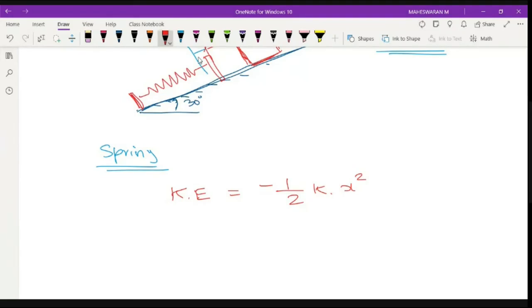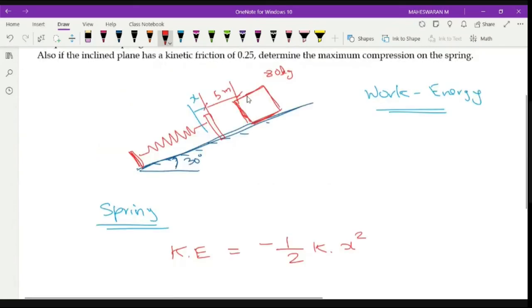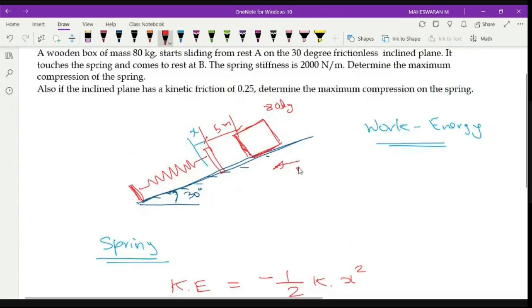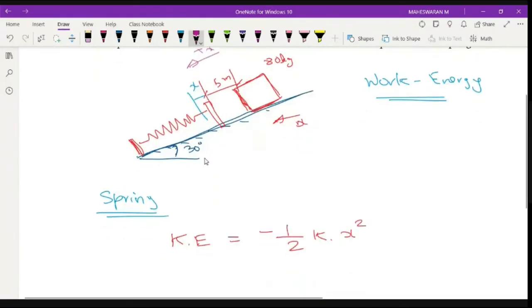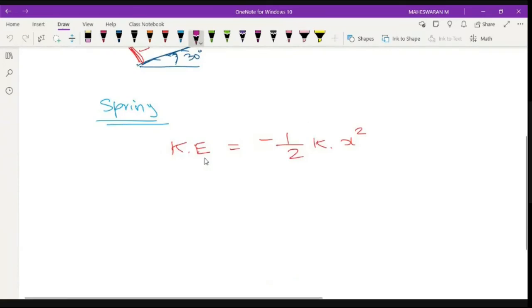Once you release that block, it comes to its original position, right? Even though the block is moving along this direction, this is my x direction, the block will be moving along positive x, but the spring force is in the opposite direction, which will restrict the motion. Since that is in the opposite direction, you are putting that negative sign.